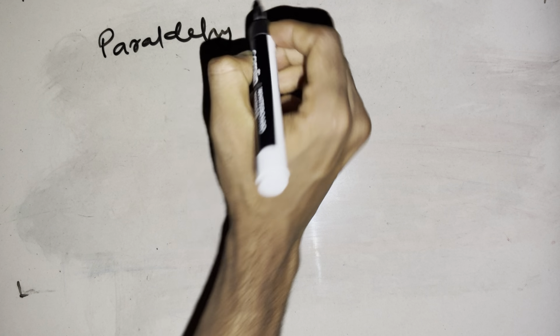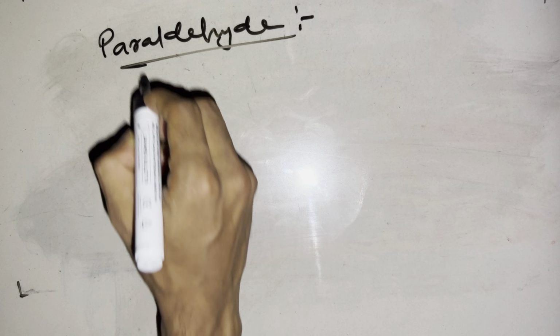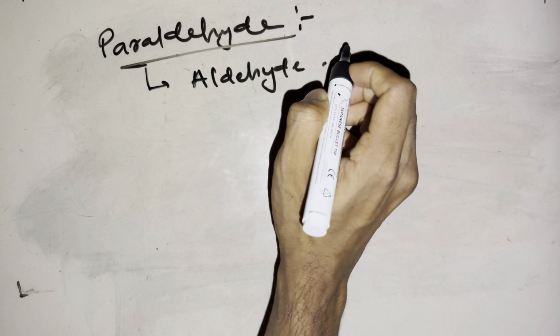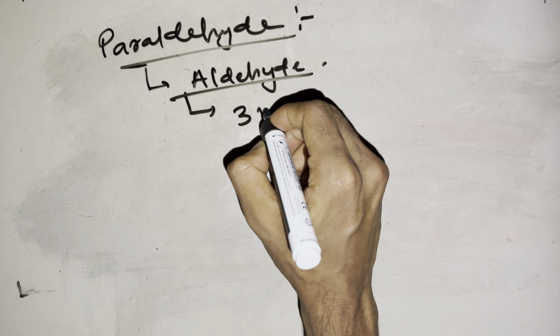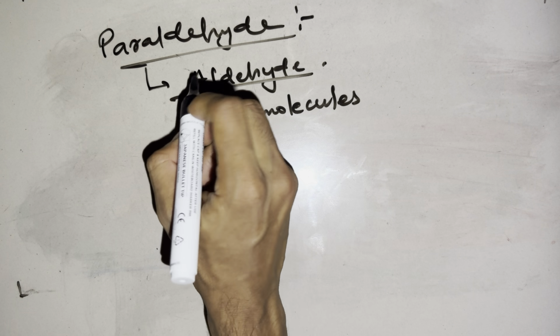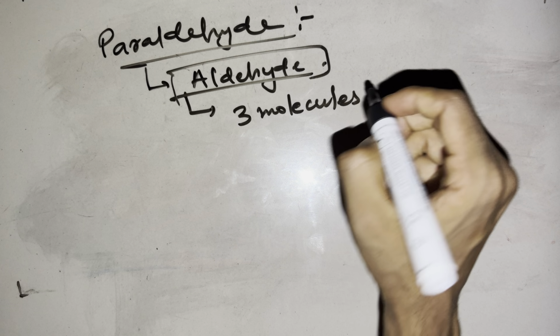So peraldehyde is made up of 3 aldehyde. First of all, peraldehyde is made up of aldehyde. Now you have to remember that 3 molecules of aldehyde. If he asks anything, then he will be asking only how many molecules of aldehyde will give peraldehyde structure.